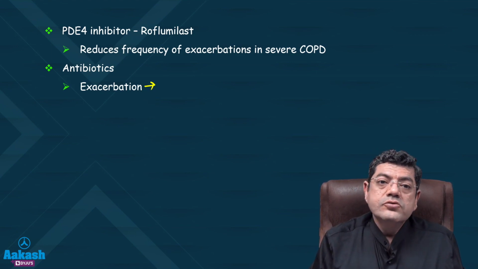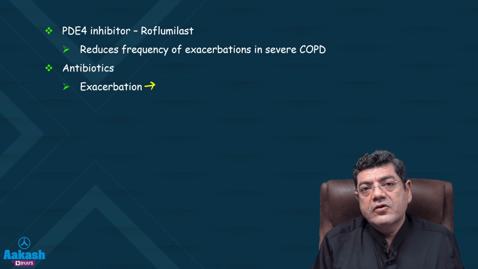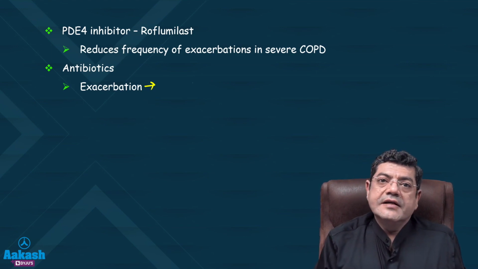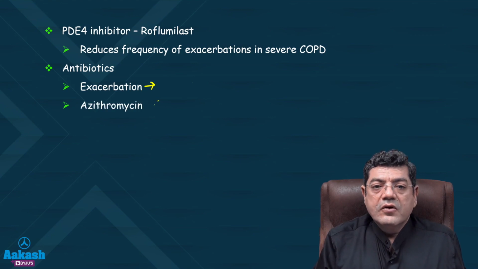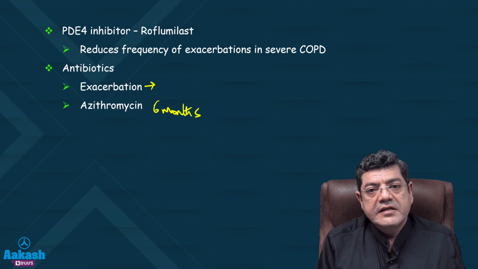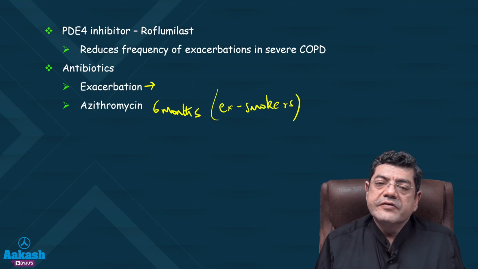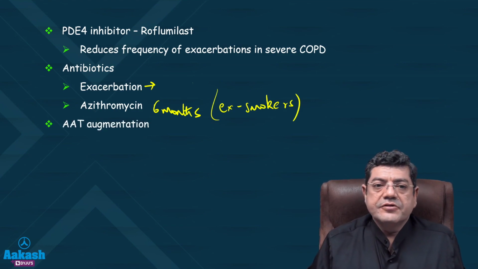You can also use antibiotics for preventing exacerbation. That class of drugs is macrolides. You can give them continuously daily for 6 months, especially useful in ex-smokers, right? This also reduces the frequency of exacerbation, right?